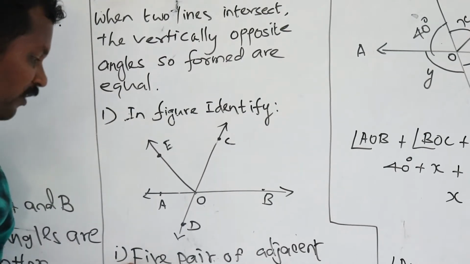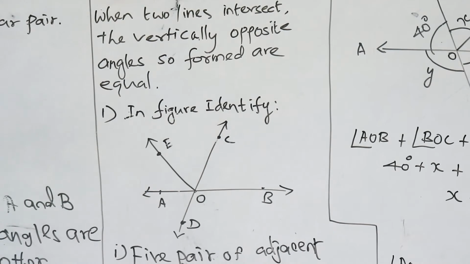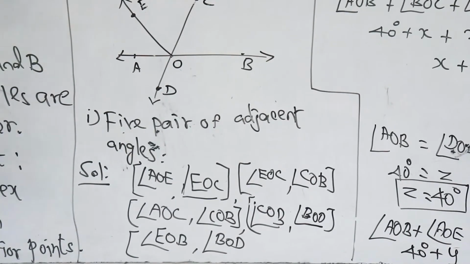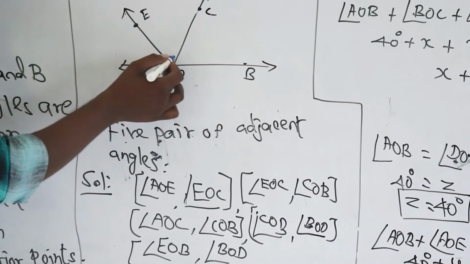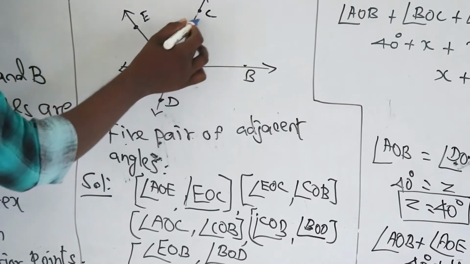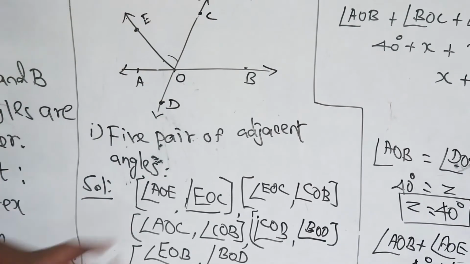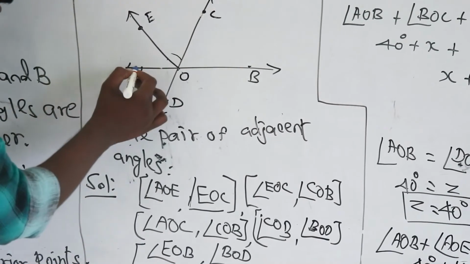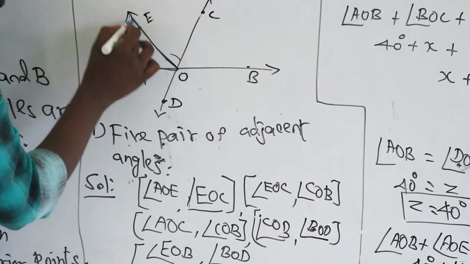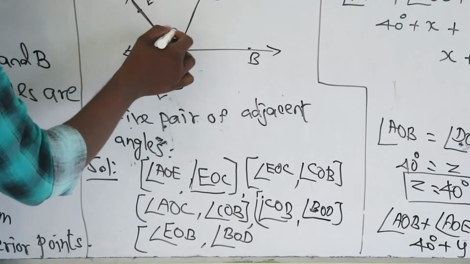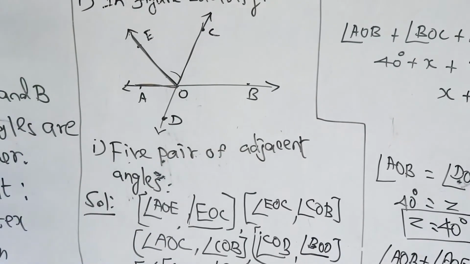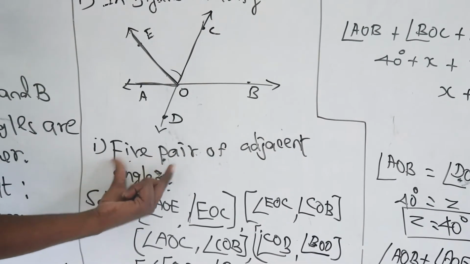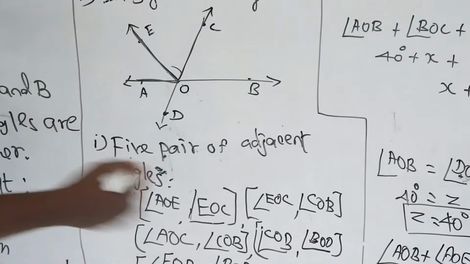First, write 5 pairs of adjacent angles. AOE has nearby angle EOC. So AOE and EOC are one pair of adjacent angles. There are 5 pairs, so we found one, and the remaining are 4.